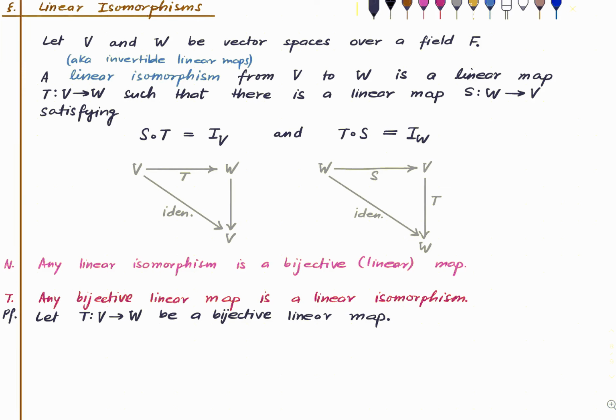Just define S as the inverse of T. Then we will show that S is linear. Let W1 and W2 be given; I will just check the addition property.